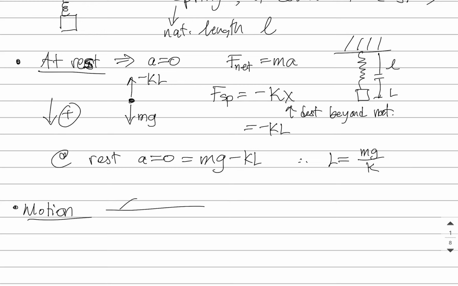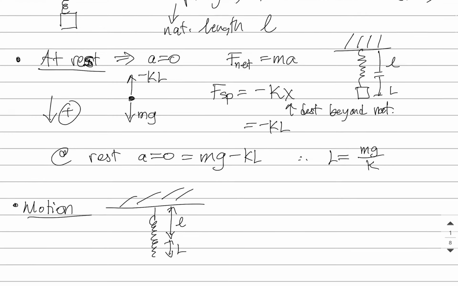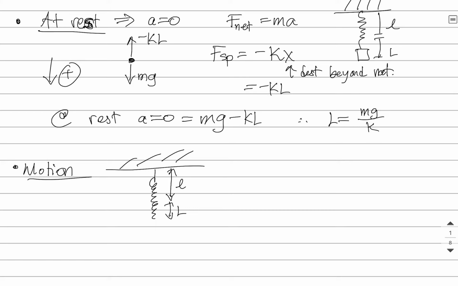Now, to be in motion, we have to, again, discuss what's happening with the natural length of the spring, and this additional length that the mass pulls it down. We're going to set that to be our reference point. We'll say that that's y of t equals 0. Now, y of t will be the position of the mass relative to this equilibrium point.